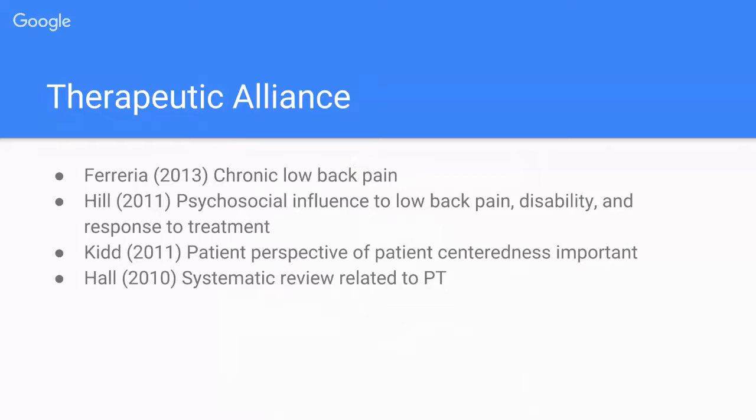So outlined, I've put a few articles there related to how this works for patients with chronic low back pain, how it works for all patients in physical therapy, how patients' perspective on patient-centered care is important, and another systematic review related to how the patient thinks about the therapist is very important.